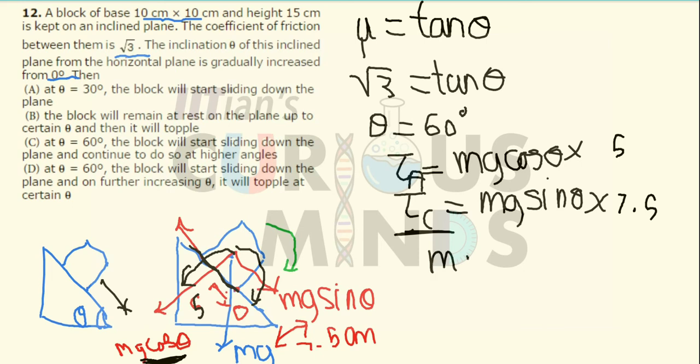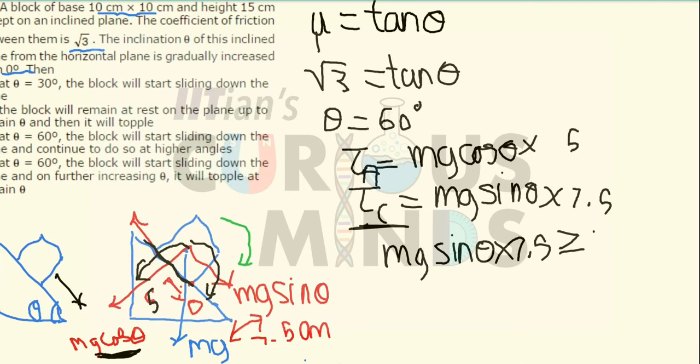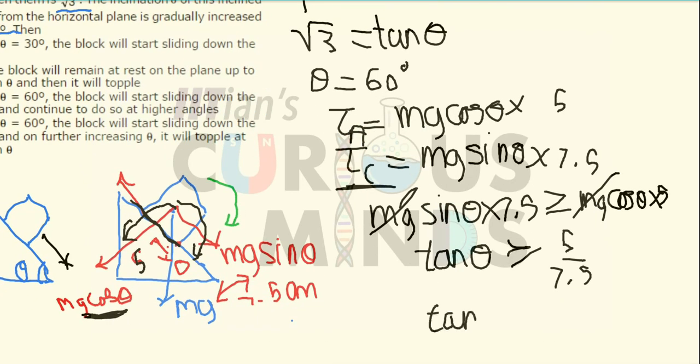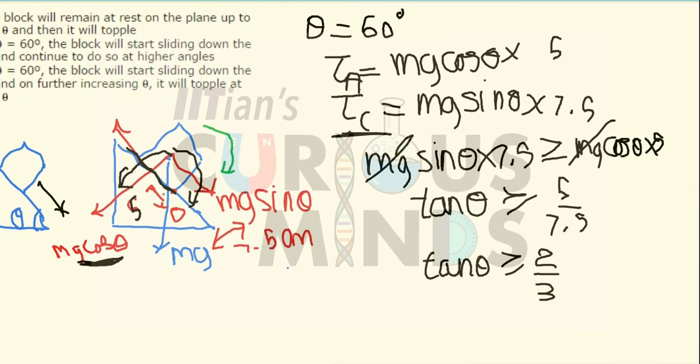So mg sin theta into 7.5 should be greater than or equal to mg cos theta into 5. Then only the body will tumble. mg will get cancelled out, so tan theta, if it exceeds a value of 5 divided by 7.5, which is 2 by 3, roughly 0.66, then the body tumbles.